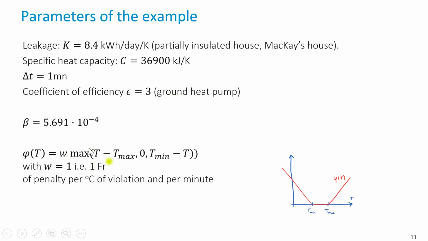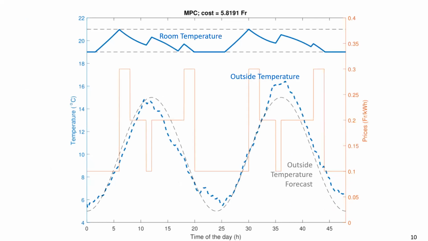And the penalty function is very large here. It's equal to 1 franc per degree C of violation and per minute. So we think that the fact that during 1 minute we're outside of the comfort zone is worth 1 franc, which is very large compared to the cost of heating during 1 minute, but that's one choice that will lead to probably no violation of the temperature.